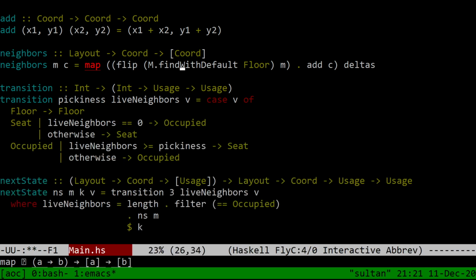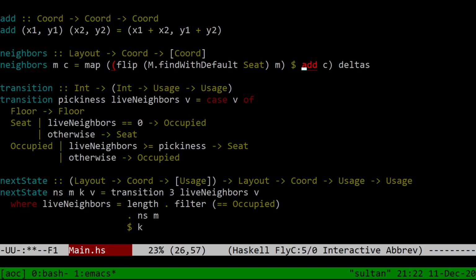I'm going to say flip find with default, and here I'll change it, I guess, to seat. Add C. So for each delta, we add it to our current coordinate, which seems good. Do I just apply rather than compose?